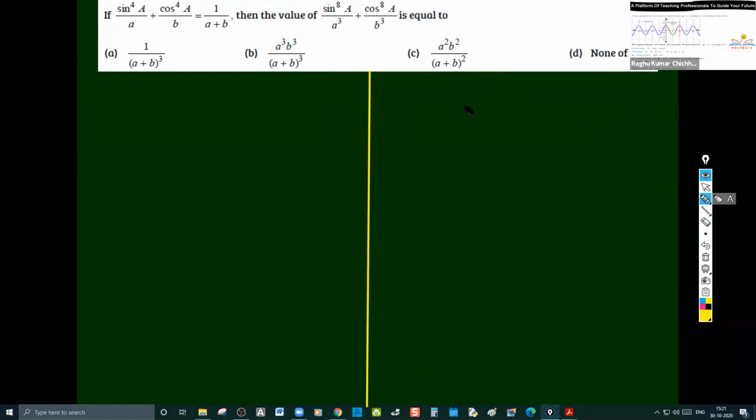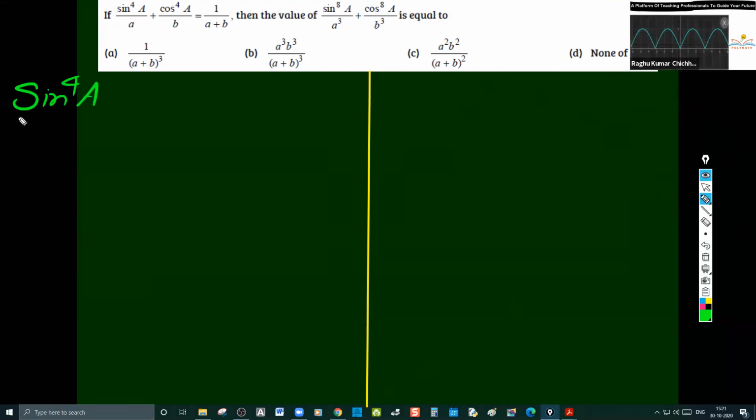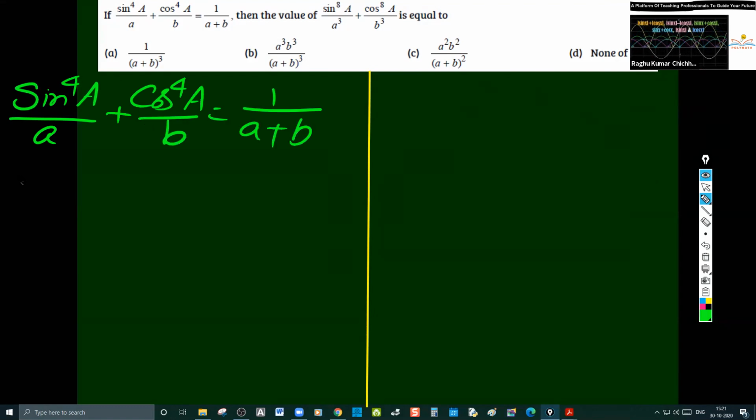Now I'm taking up this given relation, which is sin^4 by A plus cos^4 by B is equal to 1 upon A plus B. Come on, tell me, cross multiply this, please.